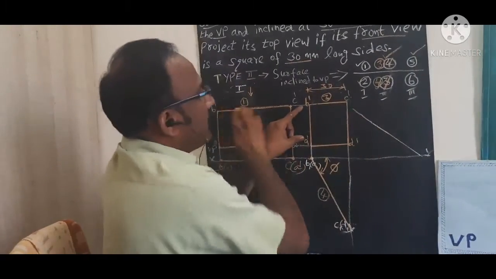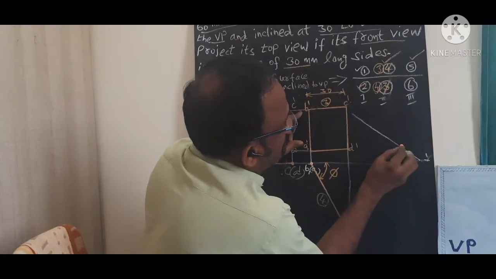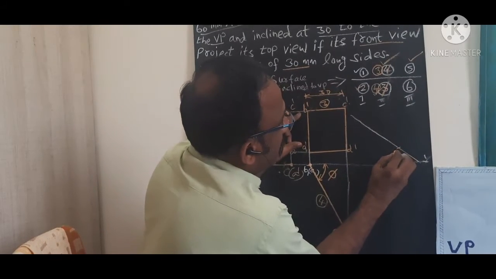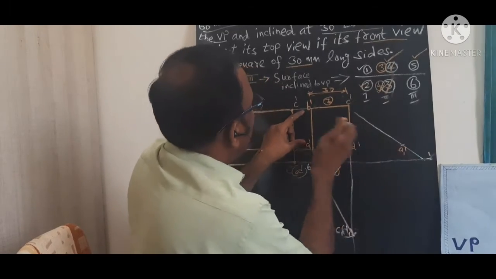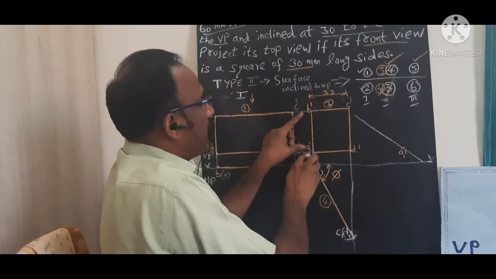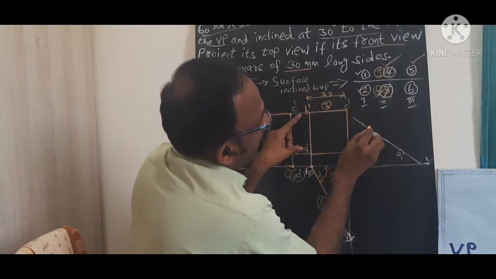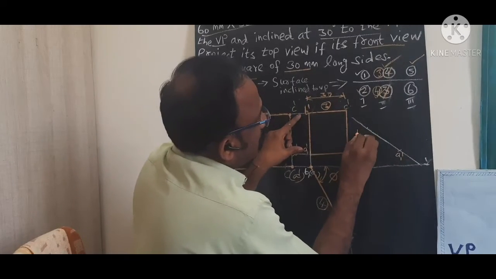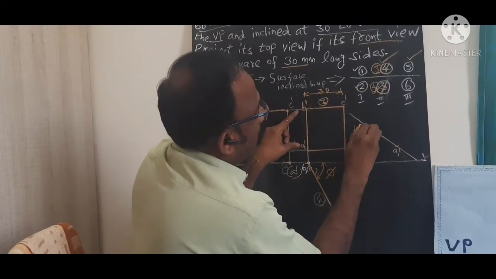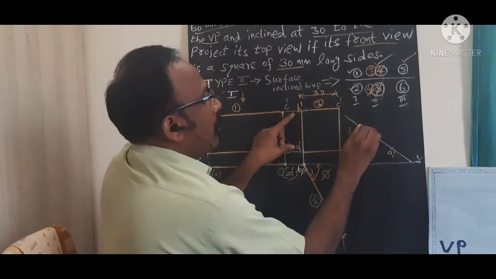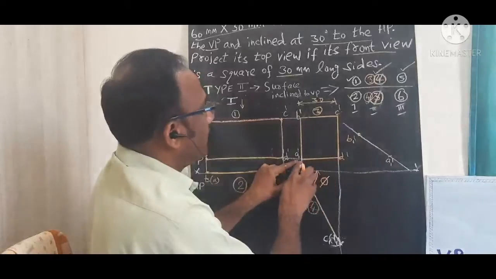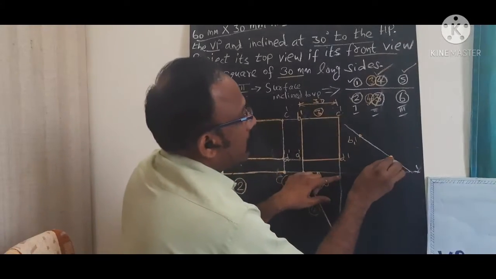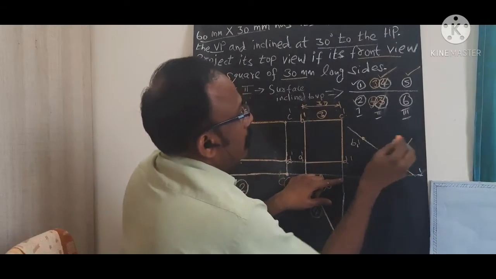Because it is the resting side, I am going to mark here. This is my A1 dash, and measure this distance, A1 dash B dash distance, and you need to mark here. This is my B1 dash. So through the measurement by the compass, you draw this distance. Right?